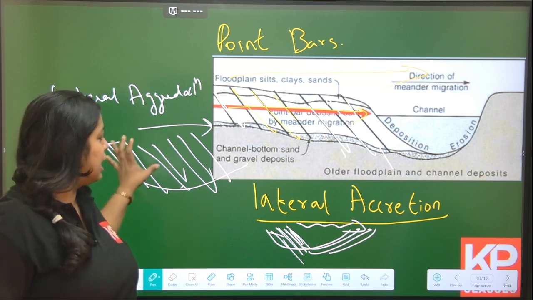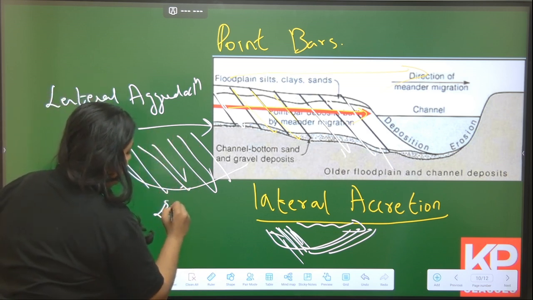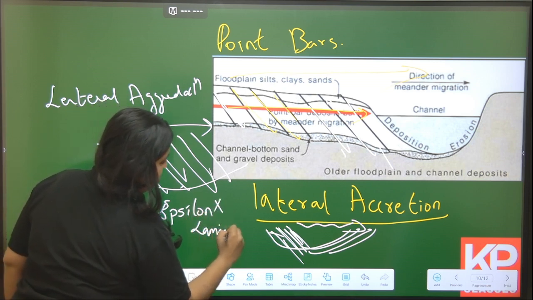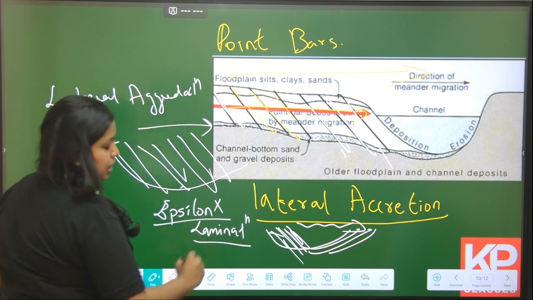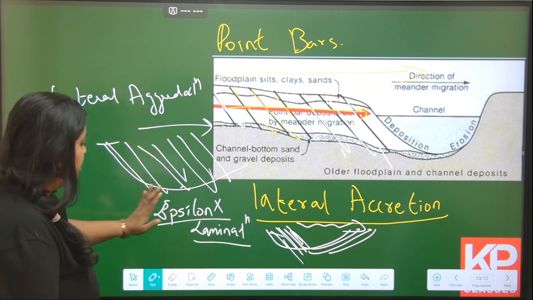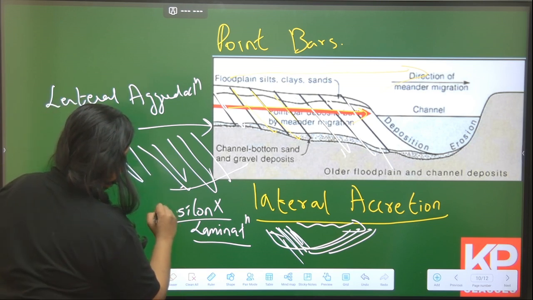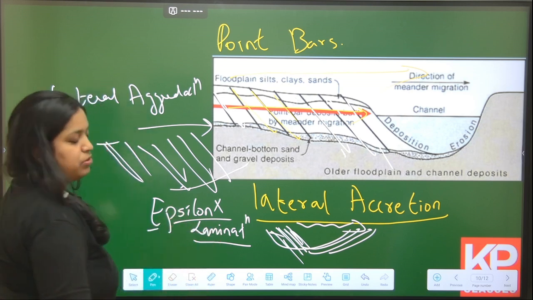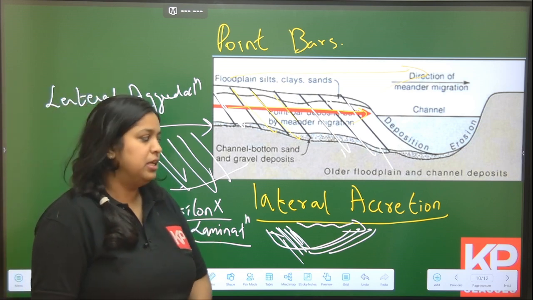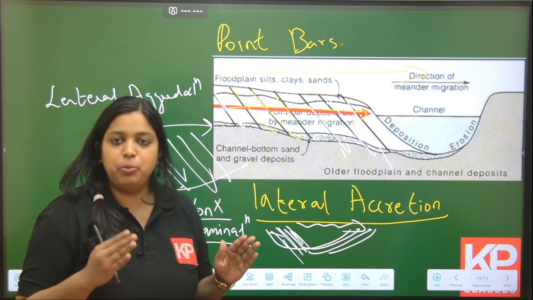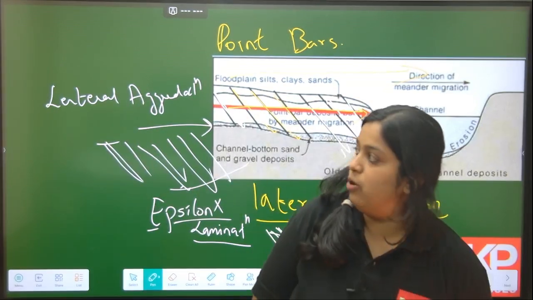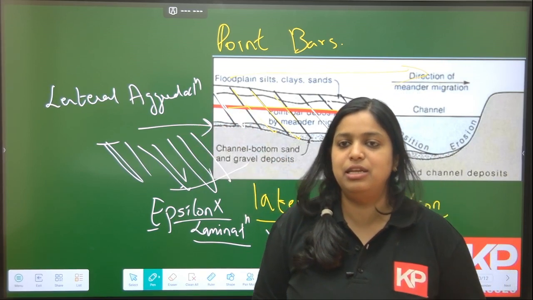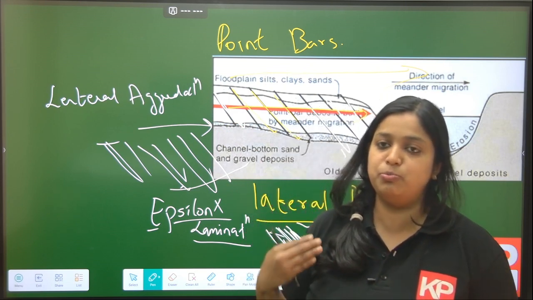That's why we call this stacking of point bars epsilon cross lamination, or epsilon cross bedding, or epsilon cross stratification, depending upon the size of the point bars. The lateral stacking of point bars is why we call it epsilon cross lamination or epsilon cross bedding.